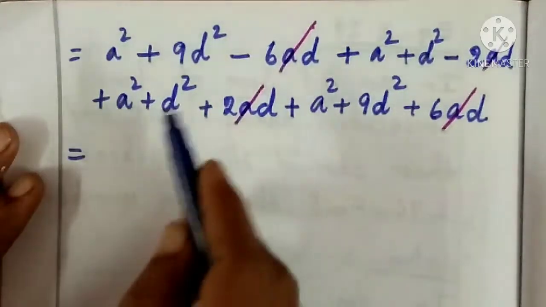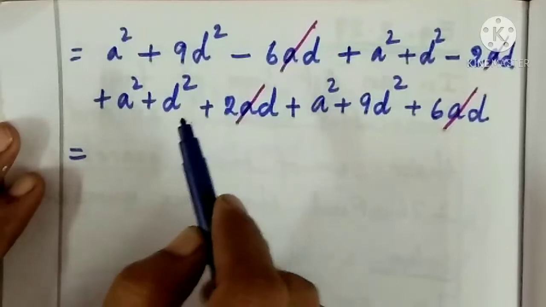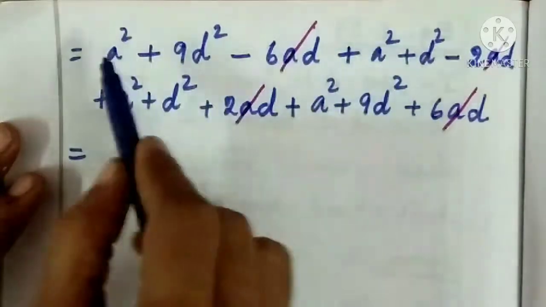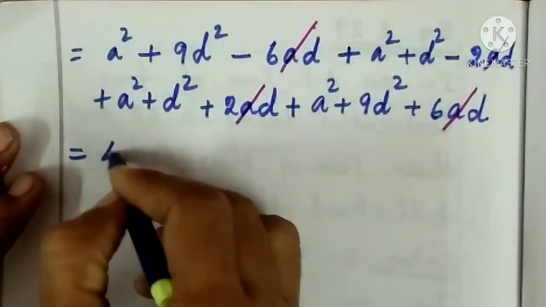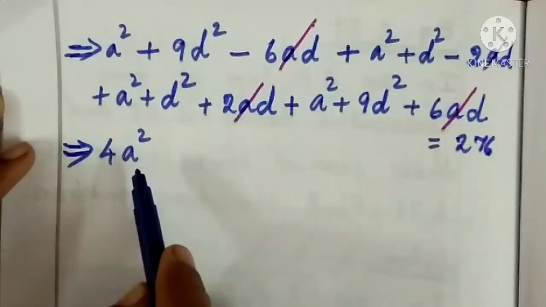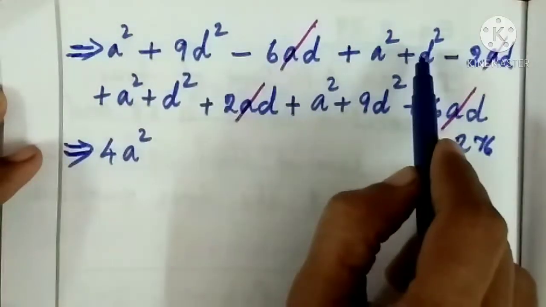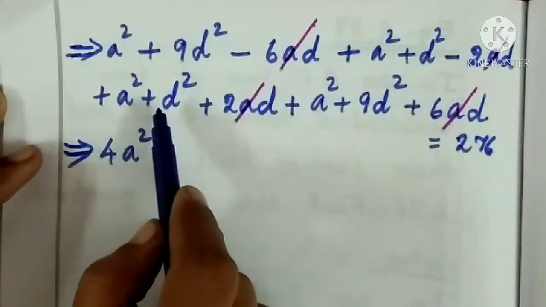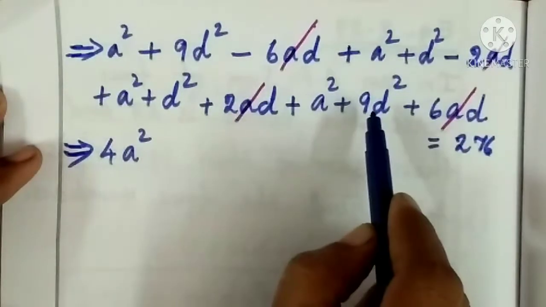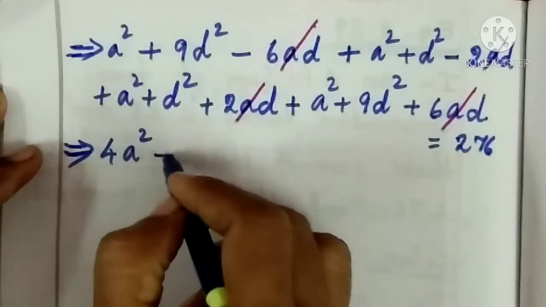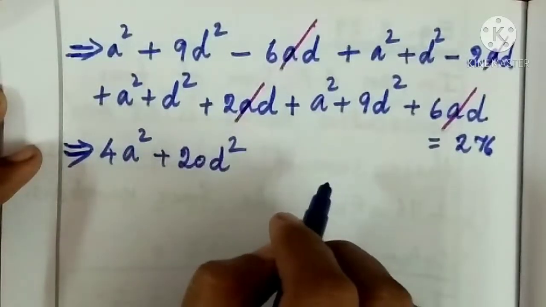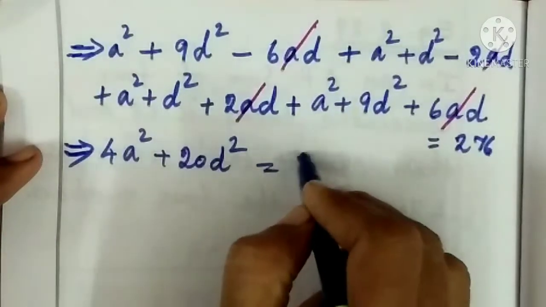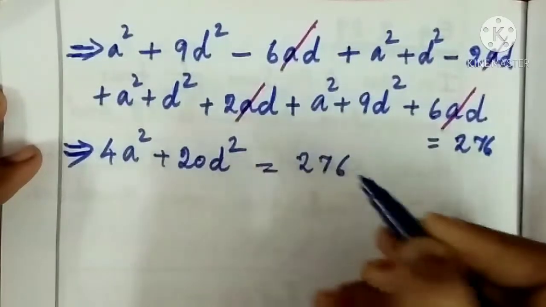Therefore you simplify the remaining terms: a squared appears 1, 2, 3, 4 times, so 4a squared, then 9 plus 1 is 10, 10 plus 1 is 11, 11 plus 9 is 20, so plus 20d squared is equal to 276.